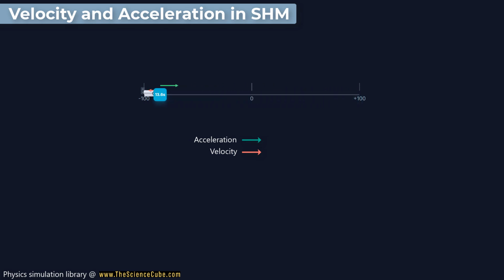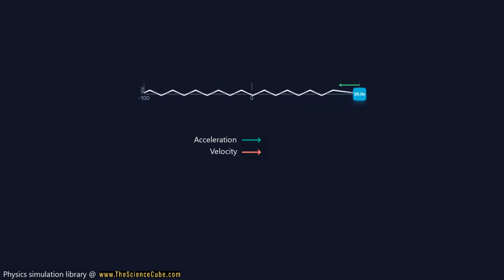But before we write the equations, let's walk through what happens to the velocity and acceleration as the mass completes one full oscillation. And we will start from the extreme right, which means in our equation x is equal to a cos(omega t plus phi), the phase angle is 0.